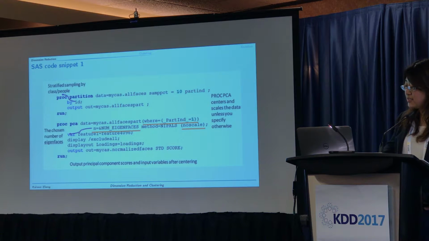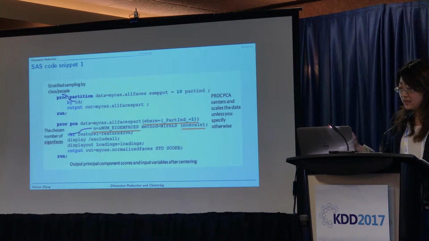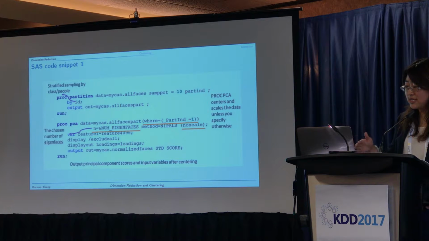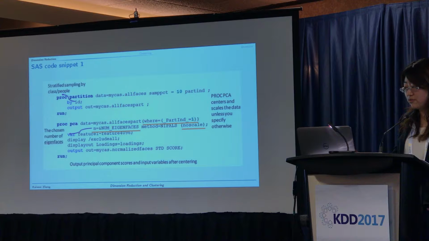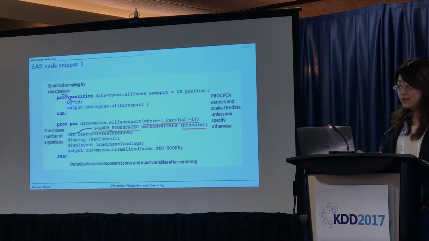In SAS Visual Data Mining and Machine Learning, we can obtain eigenfaces and their weights easily by running PROC PCA. The first thing we need to do is stratified sampling by person ID to partition the data into train and test sets, as I described before. And here you can see I specified _PartInd_ equal to 1, which is the indicator that got generated from the partitioning step.